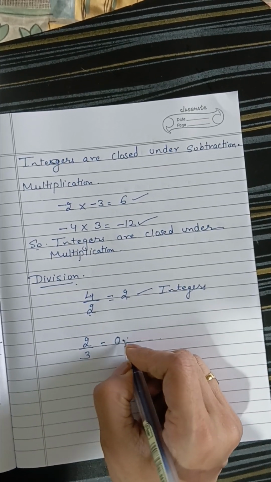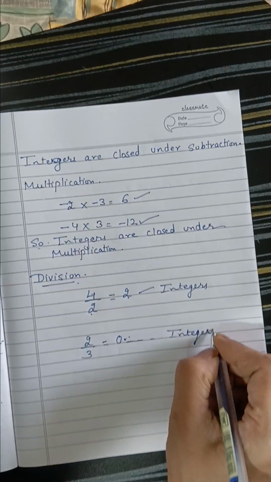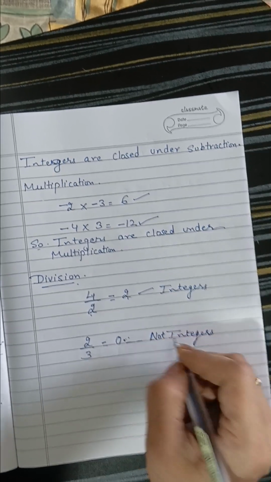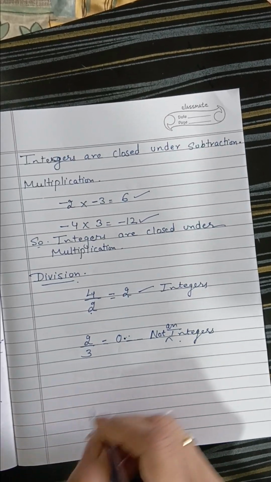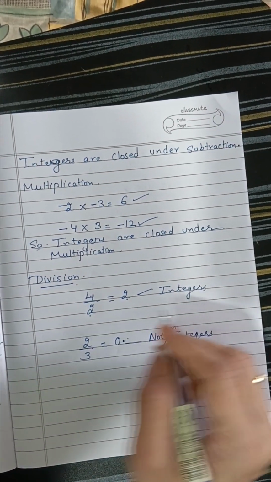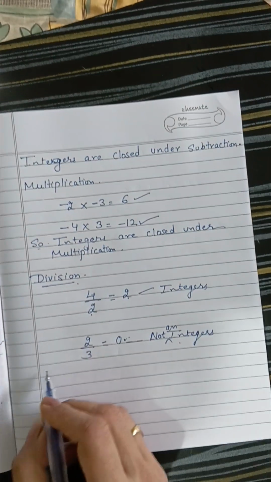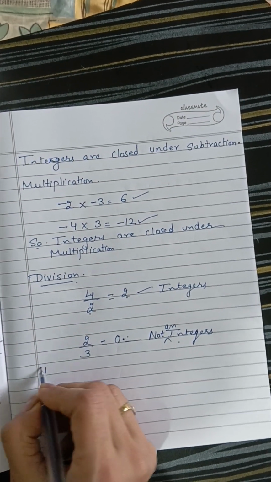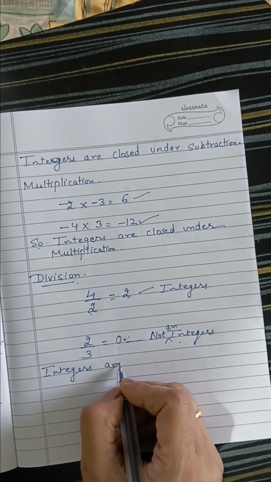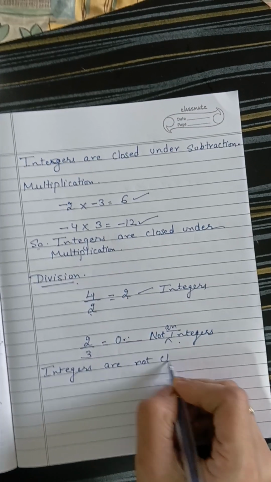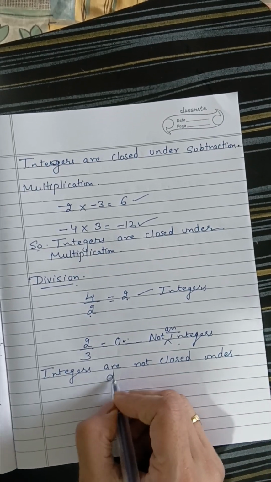So decimal will not be included in integers. So it is not an integer, right? So here the integers will not be closed under the division. Integers are not closed under division.